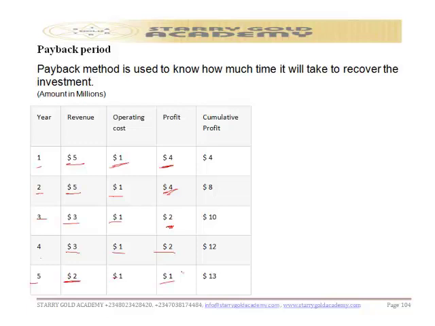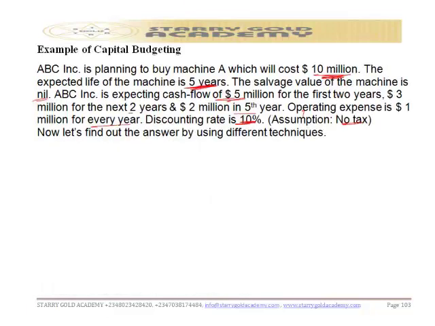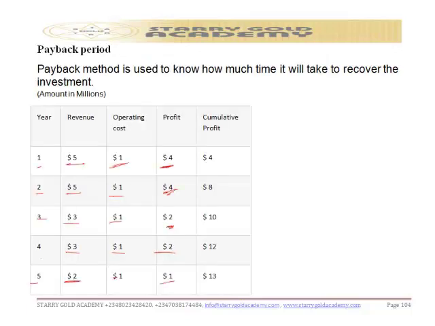Now, what is the amount required for the business? We have said that the machine will cost $10 million. Now, if it is $10 million, when will our income give us $10 million? Please, we are not dealing with revenue here really, but the cumulated profit. Understand?